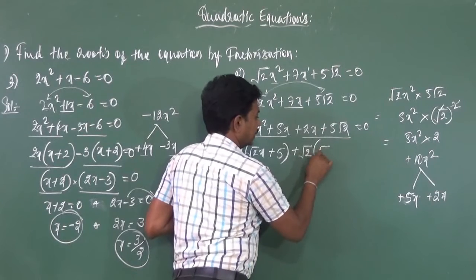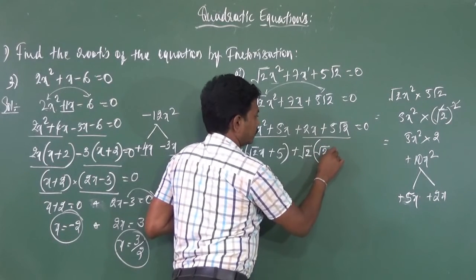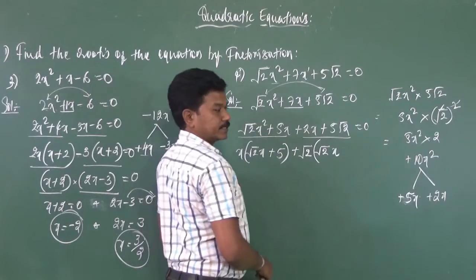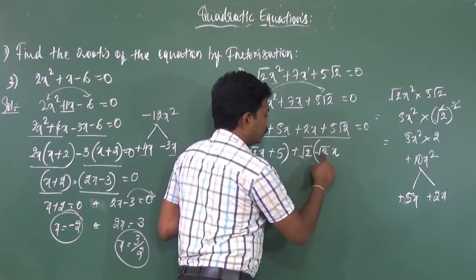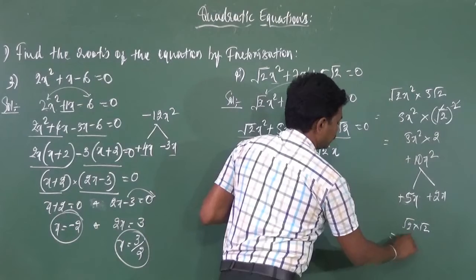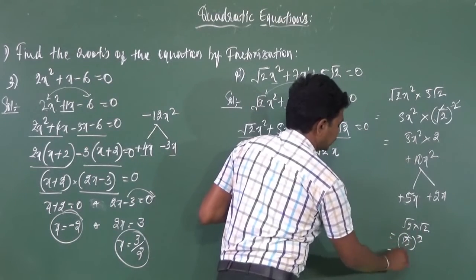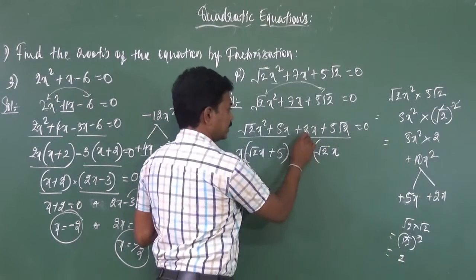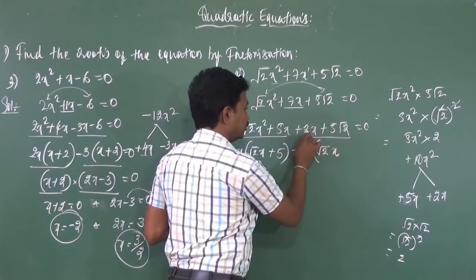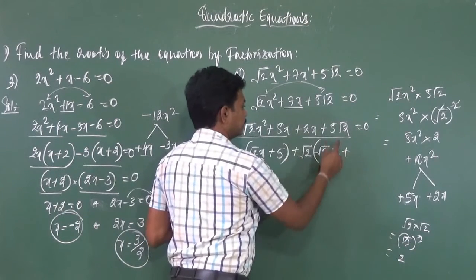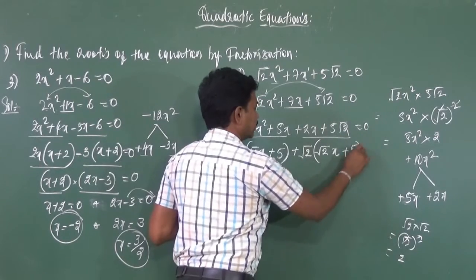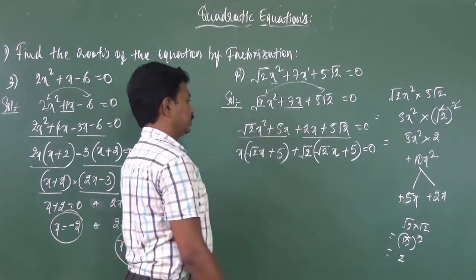It is root 2x, because root 2 into root 2 becomes root 2 whole square, and the square root cancels and 2 remains. So 2 is there and x continues. So root 2 into root 2x is 2x plus, as root 2 is taken as common, only 5 is left here. So we take 5, write 5 and equate that to 0.